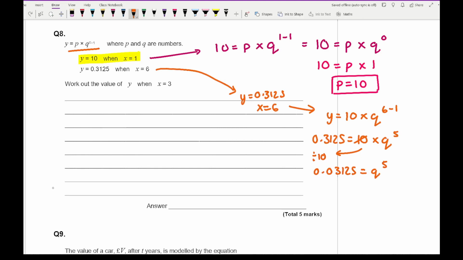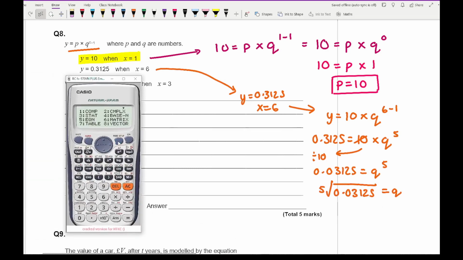Now how do I get rid of the power of 5? Well, I fifth root 0.03125, and that equals q. Now remember, that's not square root, it's the fifth root. So if I get my calculator back again and just have that on the screen, I press mode and then 1 to reset it.